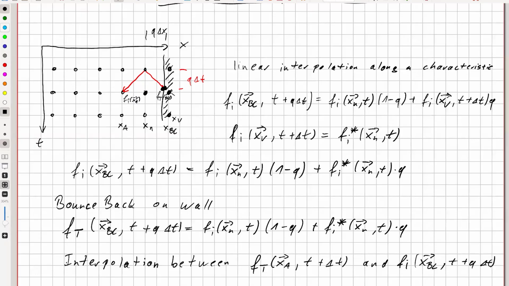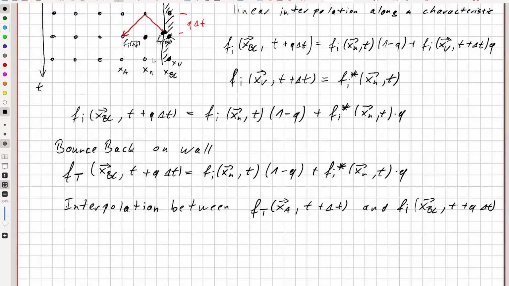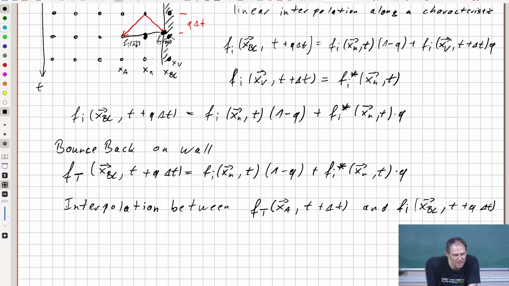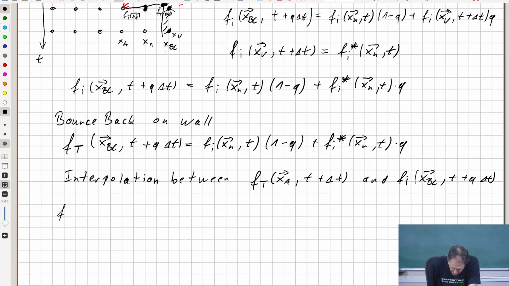So this is an interpolation in time and space along the characteristic. So basically what we are doing is interpolating to this point, which is in the right location, but not necessarily at the right time. So this actually becomes Fi over bar xn. Now this is interpolated in time.